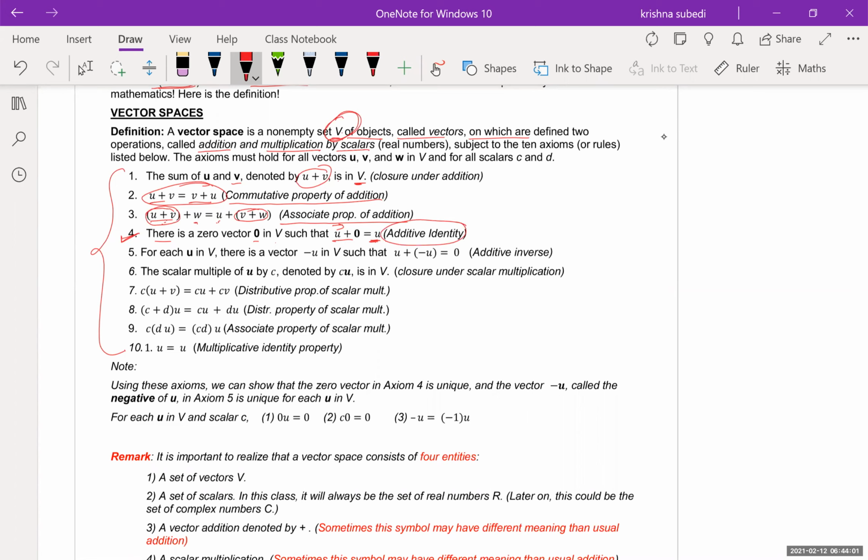For each u in V, where V is a set, a space, and u is its object, u and v being the vectors, there is a vector with the opposite sign in V such that u plus negative u will be 0, and so on. So if it satisfies those 10 conditions, then we call it a vector space.